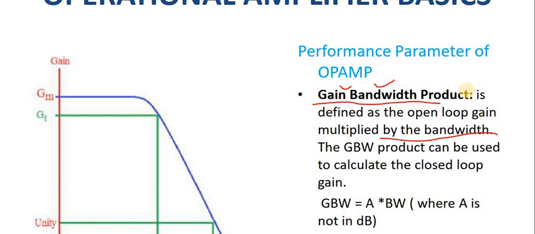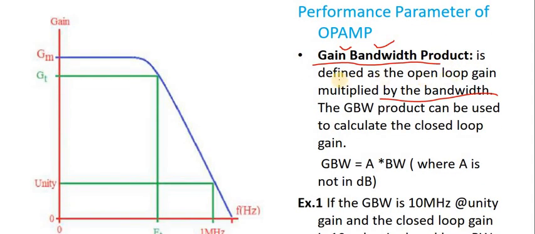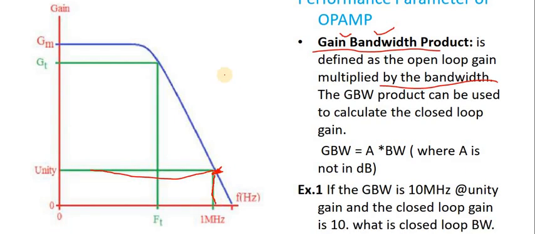If the gain bandwidth product of any op-amp is 1 megahertz, it means that the gain of the device falls to unity at 1 megahertz. I have given that the gain bandwidth product is 1 megahertz, it means your gain is falling to unity at 1 megahertz.